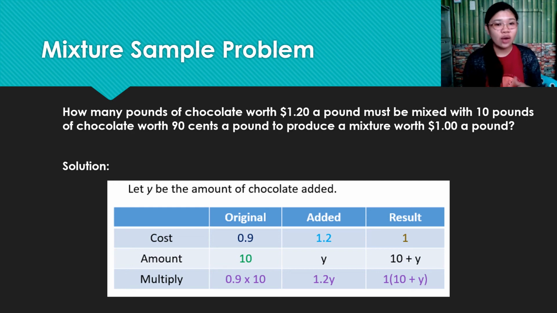The question is, how many pounds of chocolate worth $1.20 a pound must be mixed with 10 pounds of chocolate worth 90 cents a pound to produce a mixture worth $1 a pound? Please be careful with the units, because $1.20 is not directly equivalent to 1.2 pesos. So please take note of the units in your final answers.